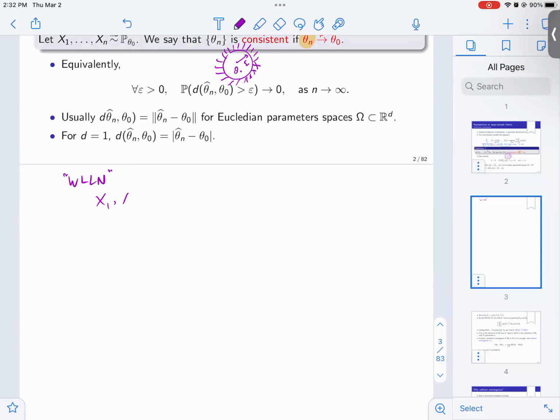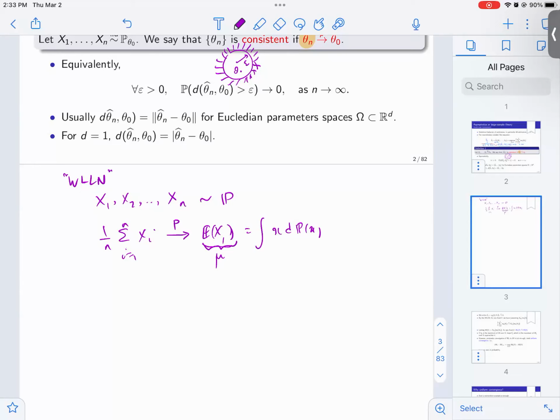Great. So X1 up to Xn, let's say, are drawn from some distribution. Then if I form the sample mean, 1 over n times the sum of Xi from 1 to n, this converges in probability to the mean of this distribution, which you can write as the expectation of X1, or the integral of x dP of x, whatever you want. That's the basic convergence in probability result.